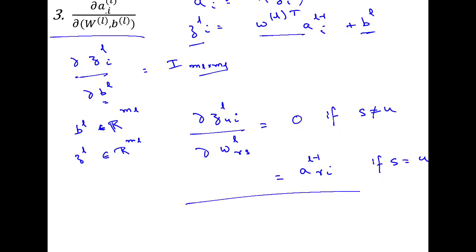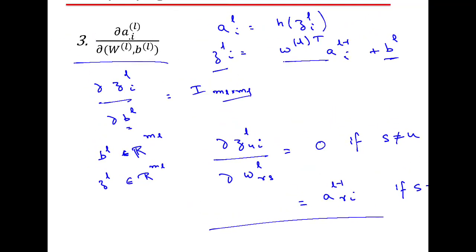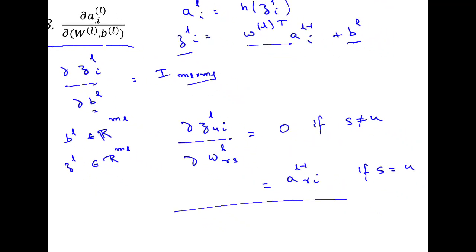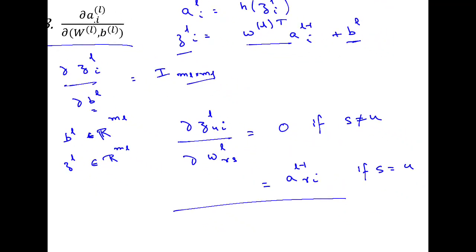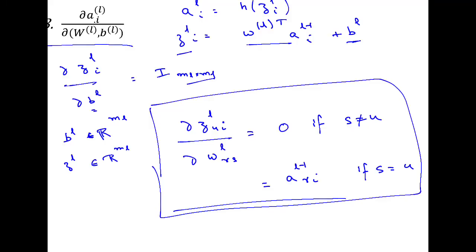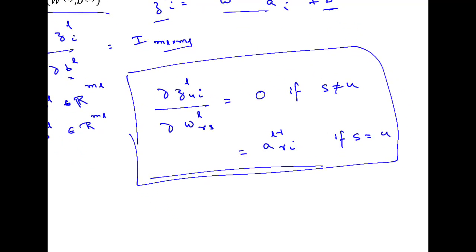So I'm done with all the rules for backpropagation now. I have computed the derivative of the output of the ith layer with respect to the weight vectors. You have to think about this a little bit more, because it's a tensor, but lots of these components are zero.